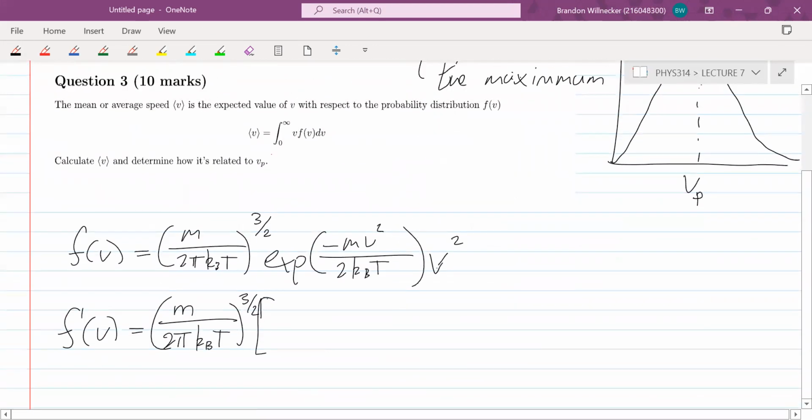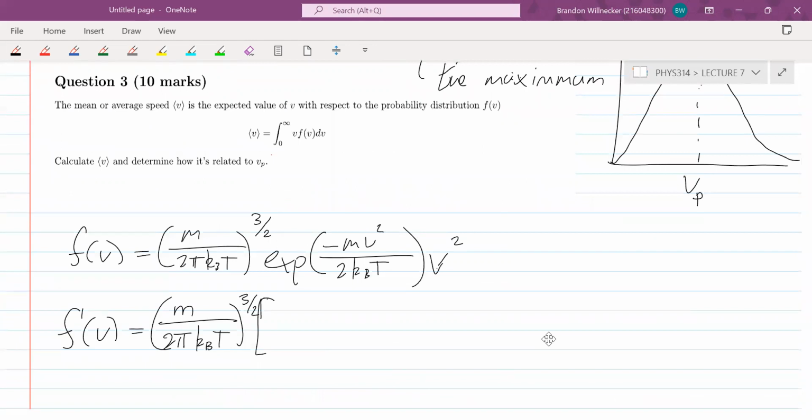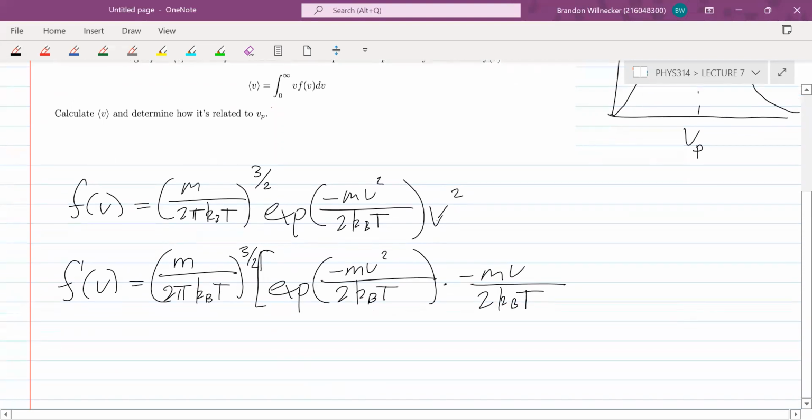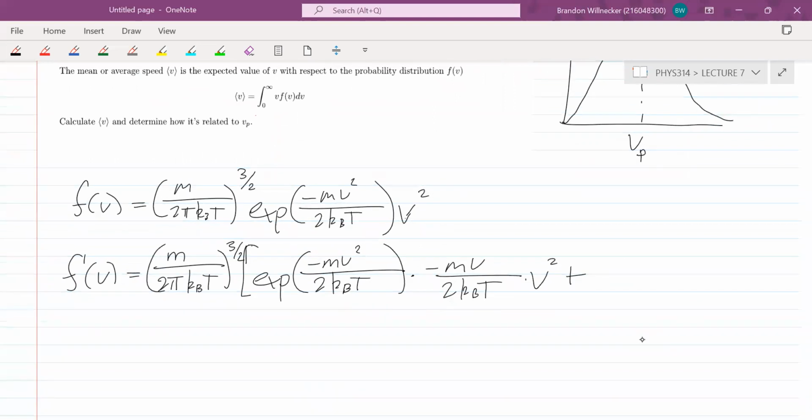But let's just go through it again. Okay, so we're differentiating. Let's differentiate the first part. So that's going to be exponential minus mv squared over 2 kbt times minus mv over 2 kbt. Okay, so that's that derivative times v squared plus, and then we differentiate the next one.